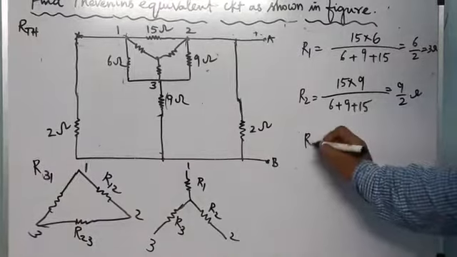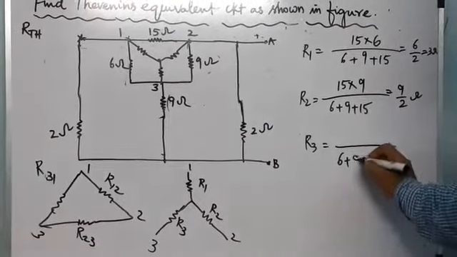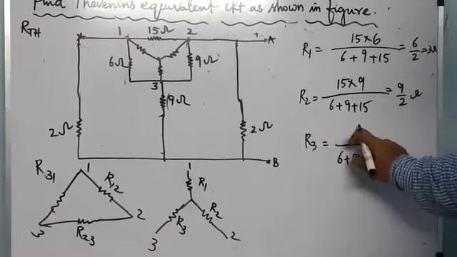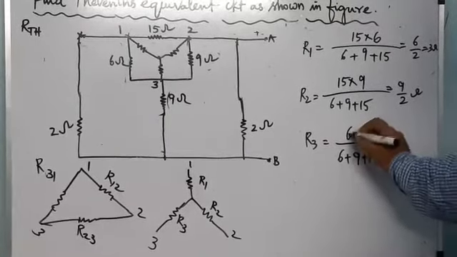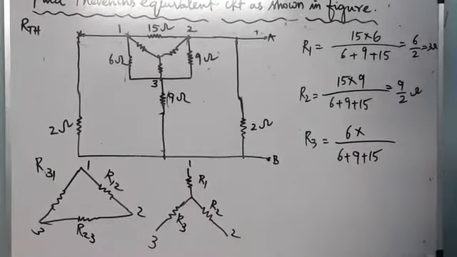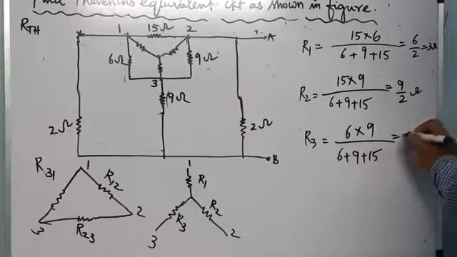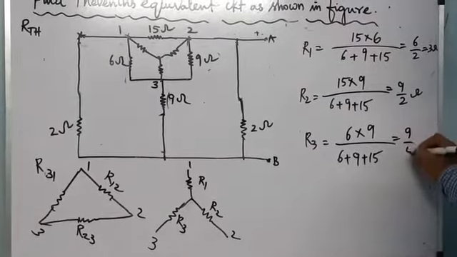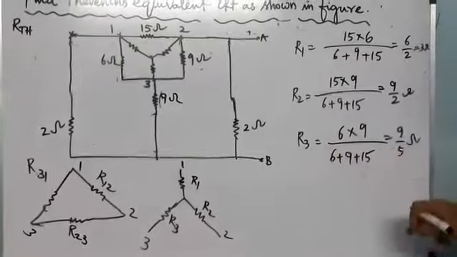R3: denominator the same, numerator R31 into R23, 6 and 9, so the value is 9 by 5. So we got R1, R2, R3.